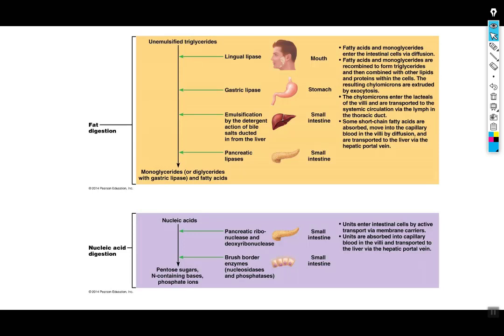So I mentioned fat digestion is a little bit different, and that's because fat is not water soluble. So you need this extra step, which is emulsification. If you're confused about emulsification, think about the following. If I have a bottle of vinaigrette salad dressing that's been sitting in my pantry unopened, and I want to use it, I'm going to open it, and then what am I going to do? Shake the living hell out of it, right? Why?